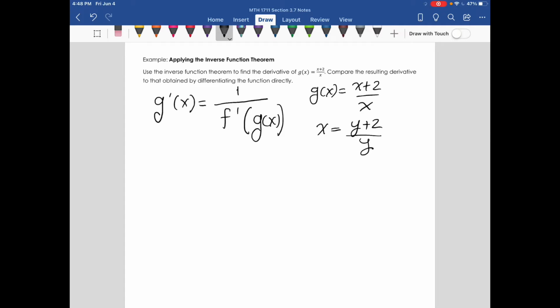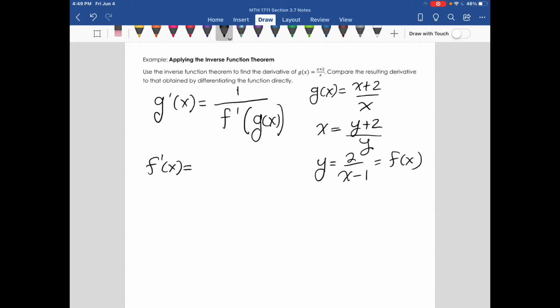So when I swap my x's and my y's, I'm going to get x equals y plus 2 over y. Now, I'll let you do the algebra on this, but when you resolve this for y, you're going to get that y is equal to 2 over x minus 1. And that's your inverse of g, which the theorem calls f of x.